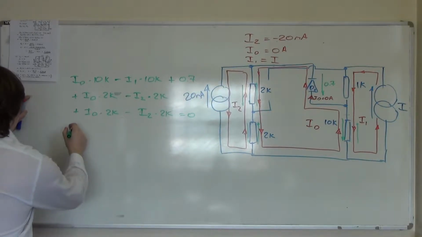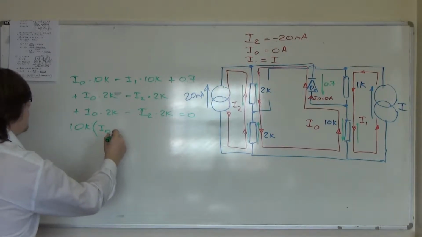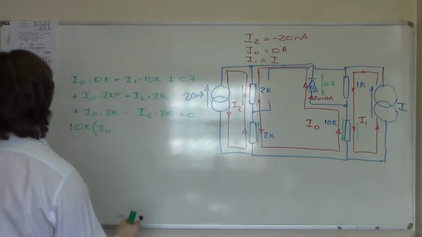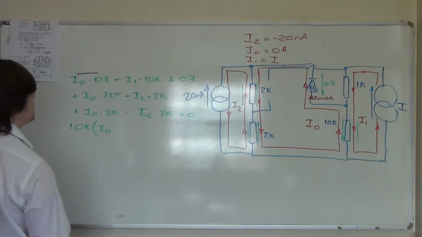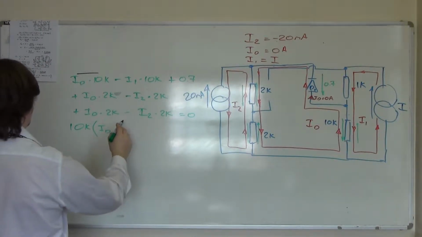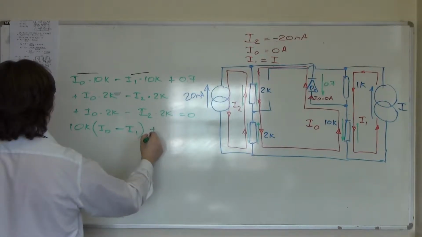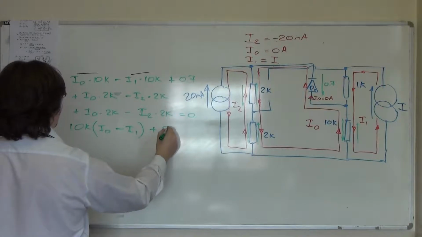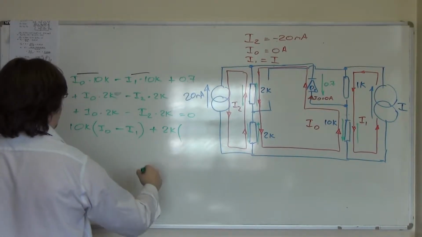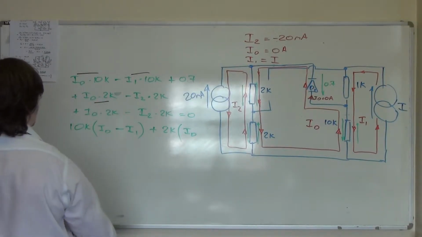So we can say, well, I've got 10K, brackets ID, which is that term, and then I've got minus I1, plus 2K times ID, which is that term.